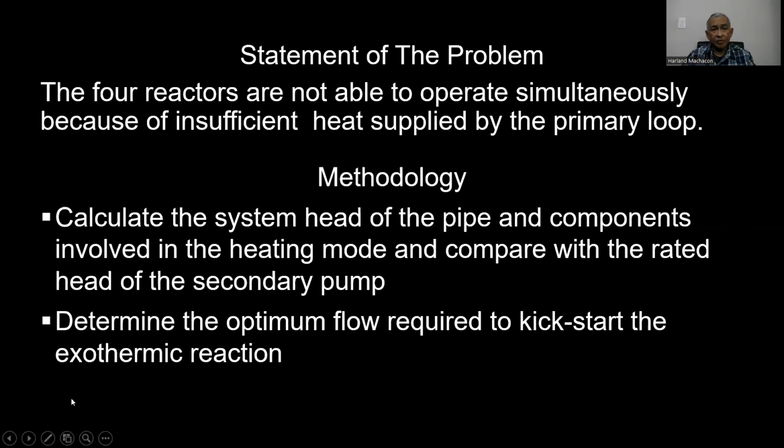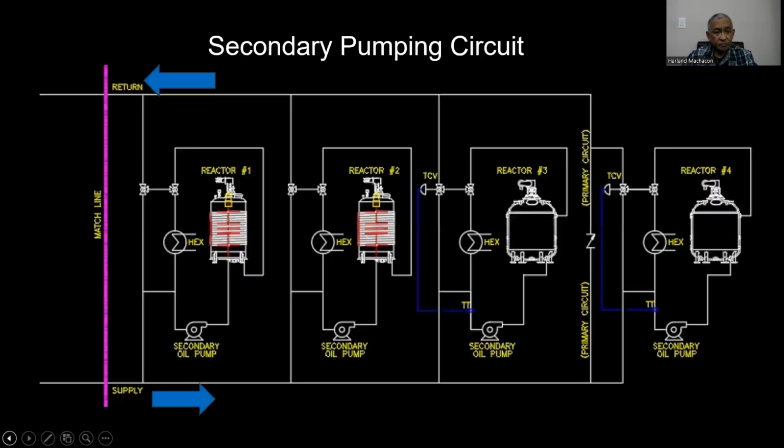So, what is the problem? The four reactors are not able to operate simultaneously because of insufficient heat supplied by the primary line. Let us show to you the primary line here.